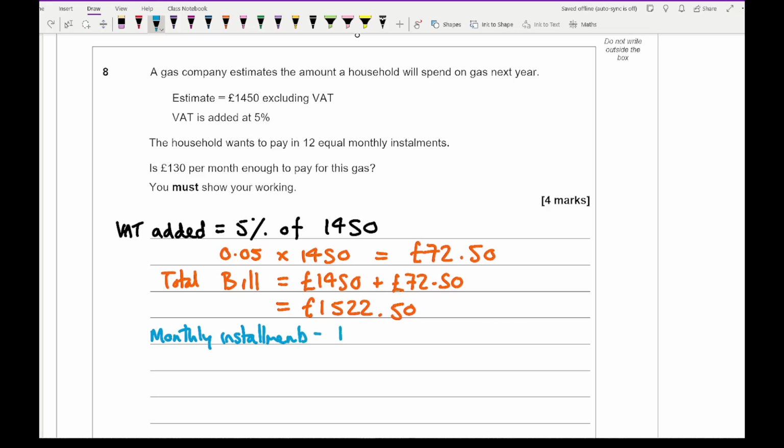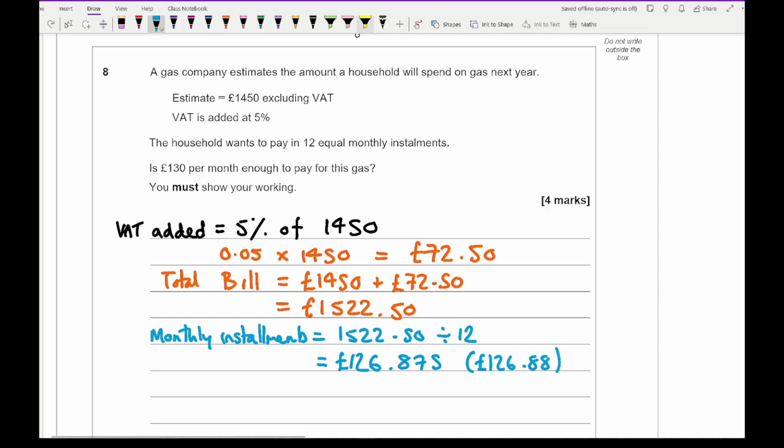Now for the monthly instalments, what we need to do is divide that number by 12, in which I get an answer of £126.875, which, let's just say for argument's sake, we round up because we want to pay the bill.